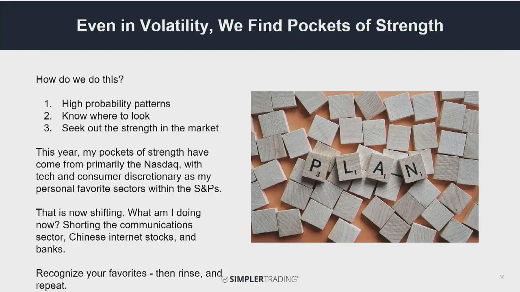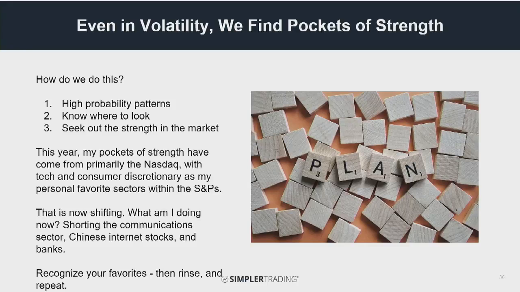All right, so even in volatility, like we've been talking about a lot today, especially in volatility, we need to look for high probability patterns. You need to know where to look. You need to start with the top-down analysis. And you have to keep in mind that there's always going to be a bull market somewhere, right? Maybe it'll be in bonds, or maybe it'll be in healthcare right now.